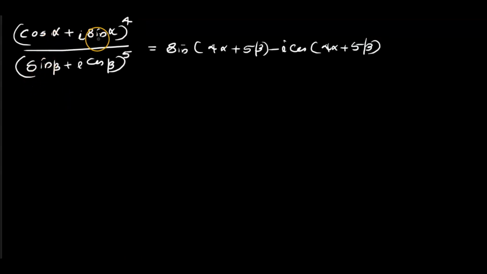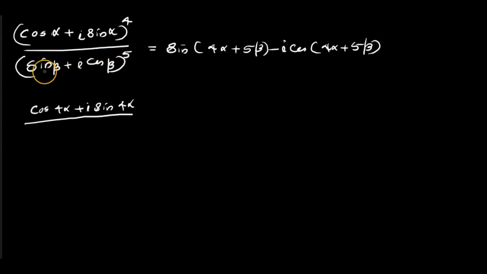Okay, (cos alpha plus i sin alpha) all power 4, we can write it as cos of 4 alpha plus i sin 4 alpha. And look at the denominator. This is (sin beta plus i cos beta) all power 5.